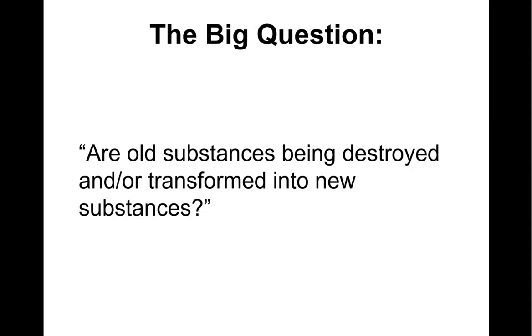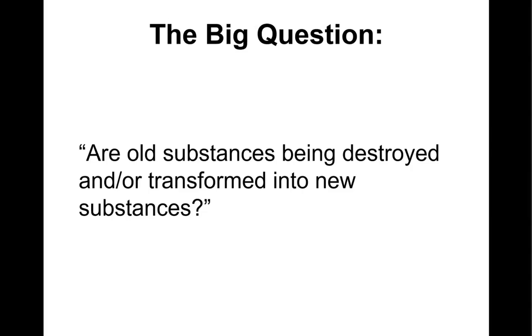In order to observe it, are old substances being destroyed and transformed into new substances, or are they not? If no change in the identity of the matter is occurring in order to observe that property, then that's a physical property. So for example, melting point. If I melt ice into water, I'm not actually changing its identity.